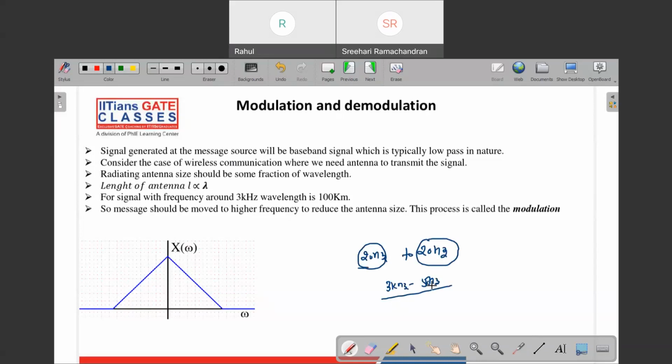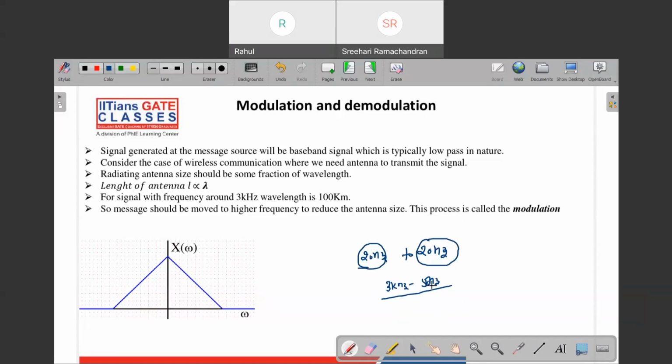And for this kind of signal, if you want to radiate it through the antenna, the size of the antenna will be very high because the wavelength will be on the order of kilometers. Since the wavelength is on the order of kilometers, we need to design an antenna with a size on the order of kilometers, and that is not possible.